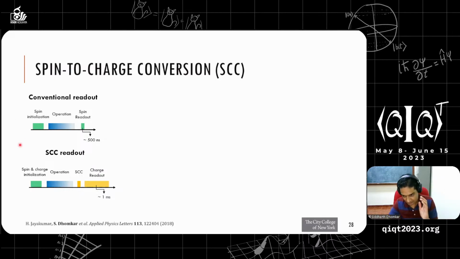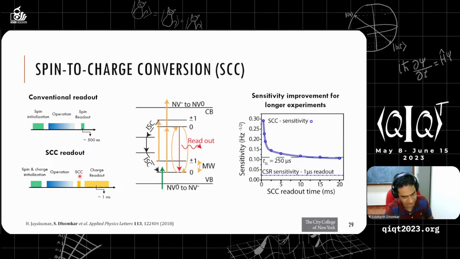But the problem is, how do you get this spin to charge conversion? And you can get it actually. This is one of the papers that we worked on. The way you do it looks complicated, but what is happening is that, if you remember how this whole intersystem crossing is happening, my plus minus 1 state is actually coupling to this singlet state.